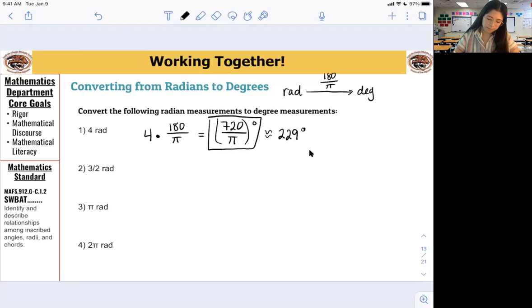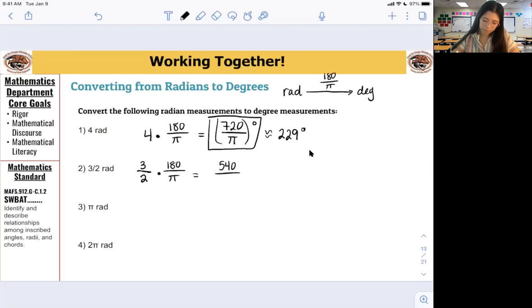Let's do the next one. 3 over 2 radians times 180 over pi. What's 3 times 180? 540.